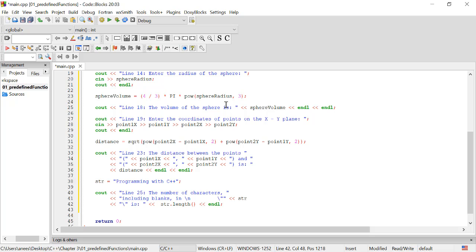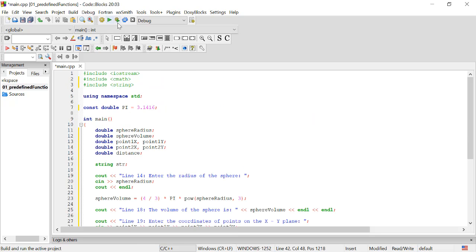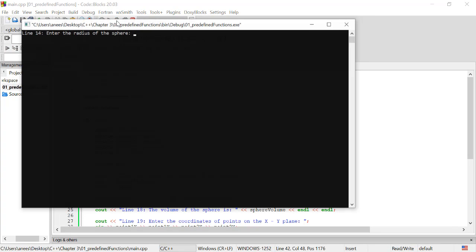Now that we've done that, we can look and see how this runs.